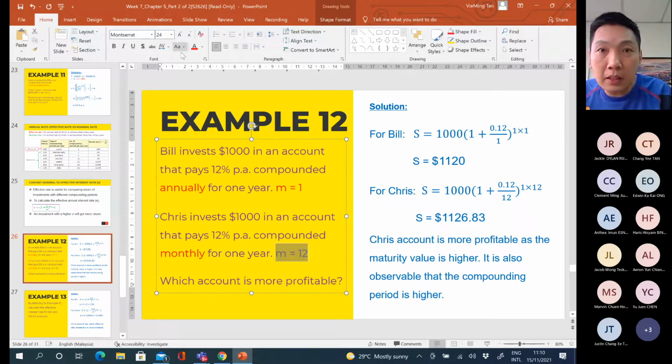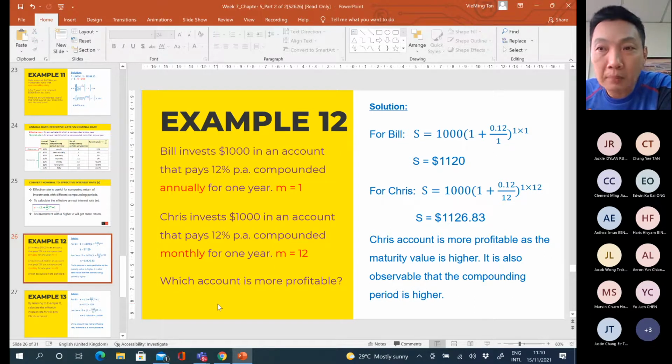Immediately after you read the sentence, write down the M value. So for Chris's investment, M is 12. This question is asking which account is more profitable?